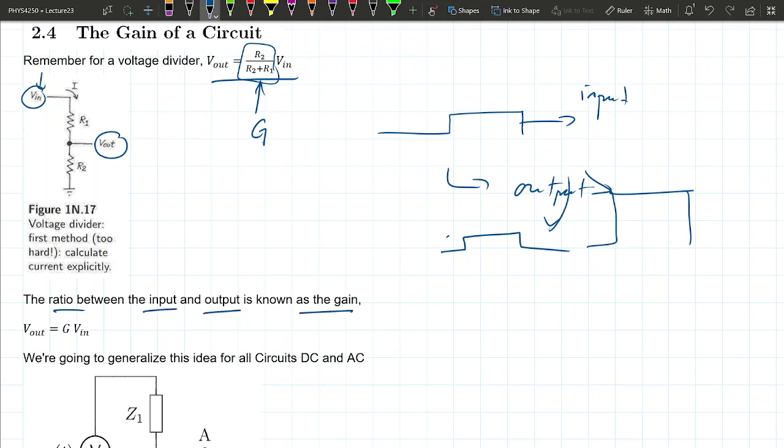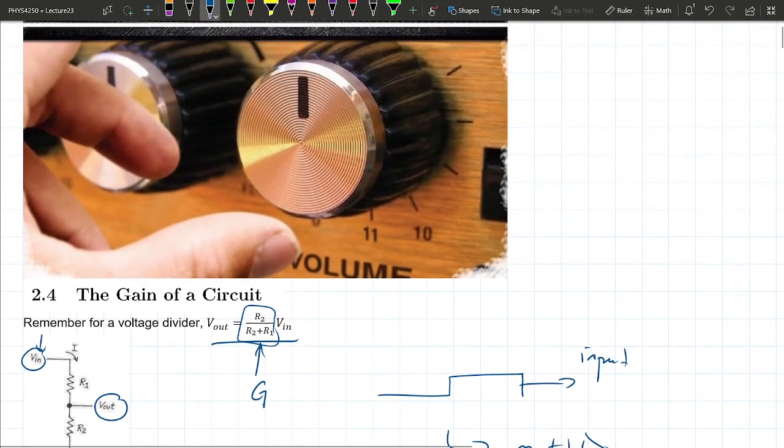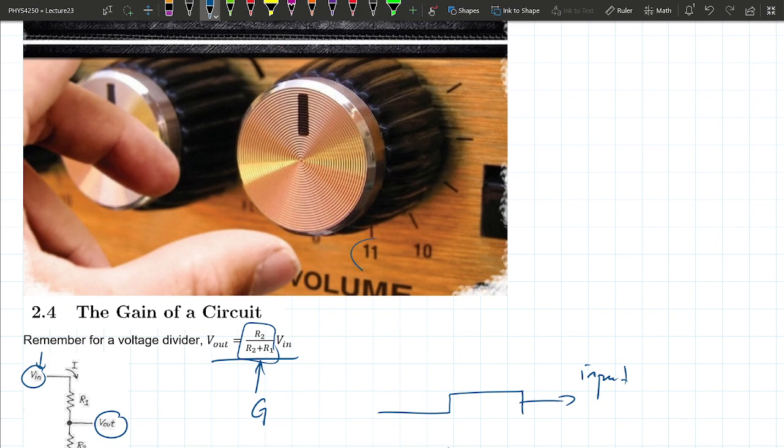So if you input 1 volt and you get 10 volts out, that means you have a gain of 10. If you input 1 volt, you get half a volt out, that means you have a gain of 1/2, whatever that number is. Does that make sense, what gain means? Basically, this thing is supposed to give you a big gain, where turning it down to 1 maybe gives you a small gain.